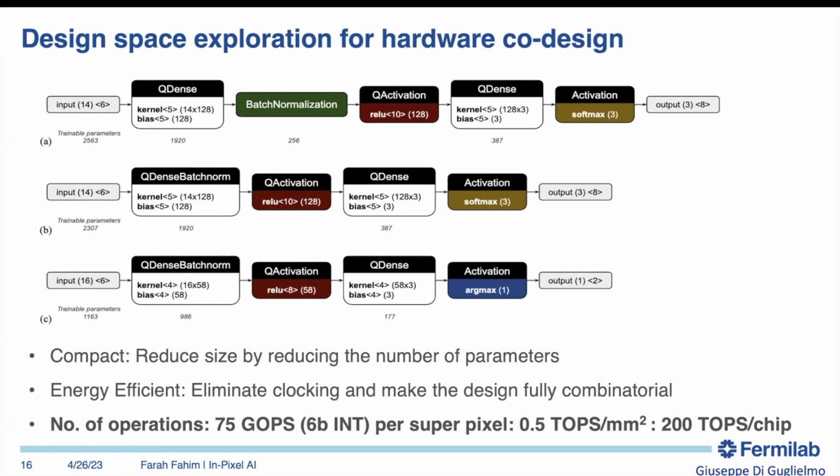If I were then to count the number of operations that we need to perform inside this superpixel, which is based on the input being 6 bits and activation weights being around 5 bits, then if I use a 6-bit integer multiplication, I need about 75 gigaops per second inside every superpixel. And if I were to scale this to a full chip, I need something like 200 teraops per second per chip.